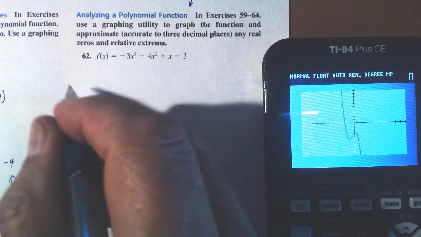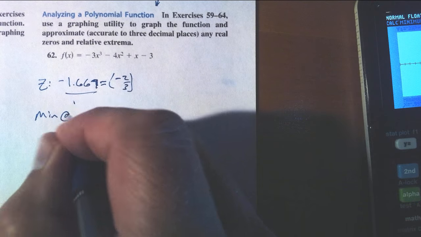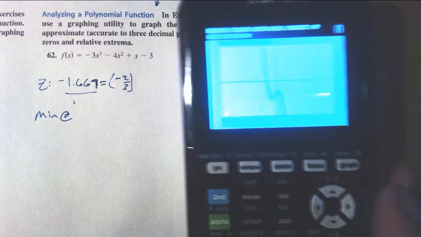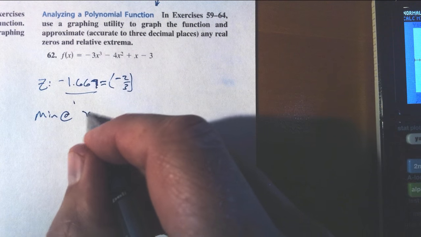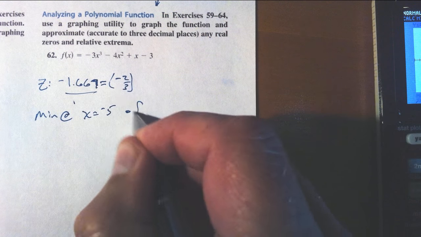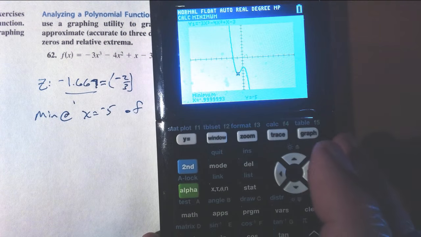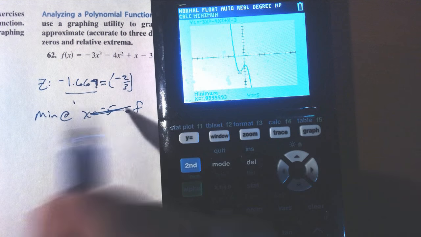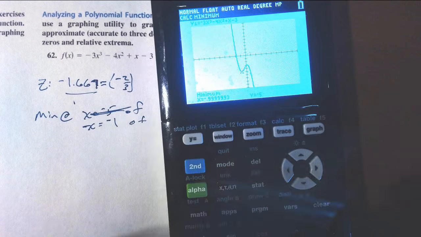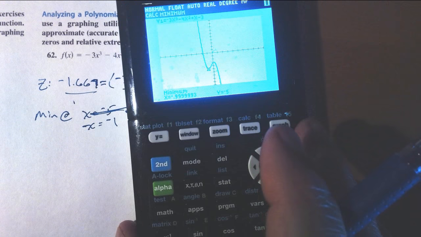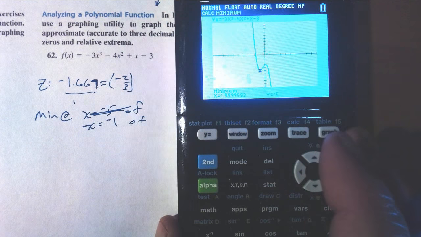I have a minimum at x equals negative 1, and the minimum value is negative 5, if you can see that on the calculator.